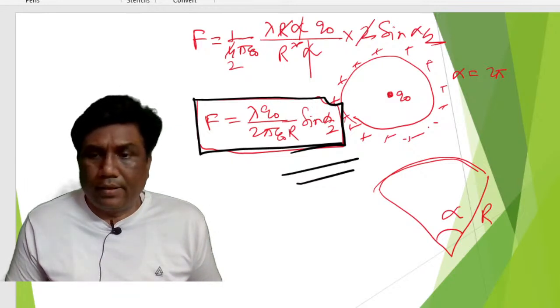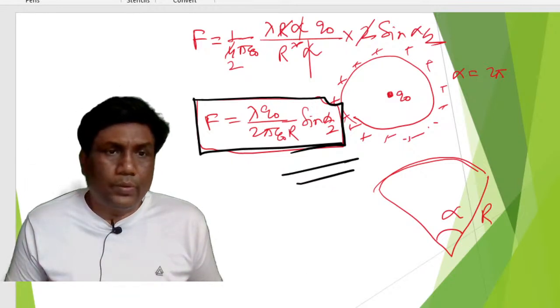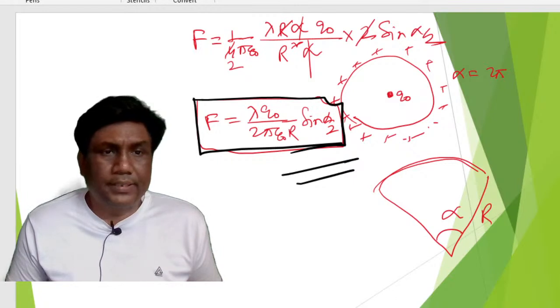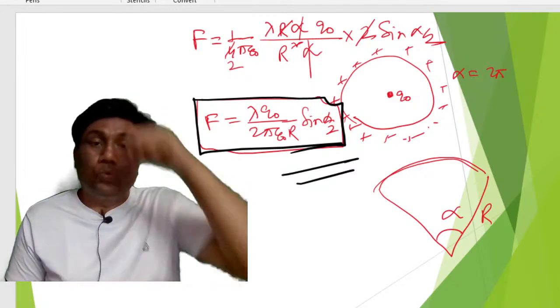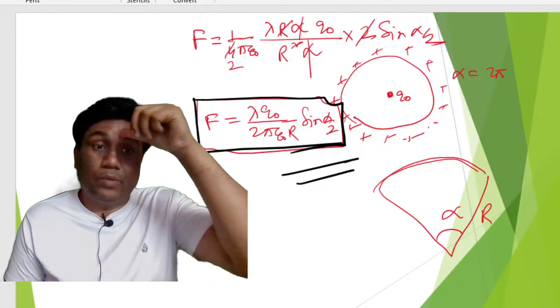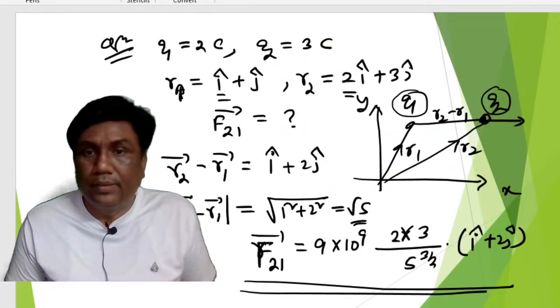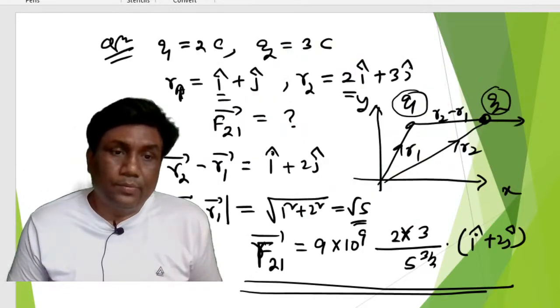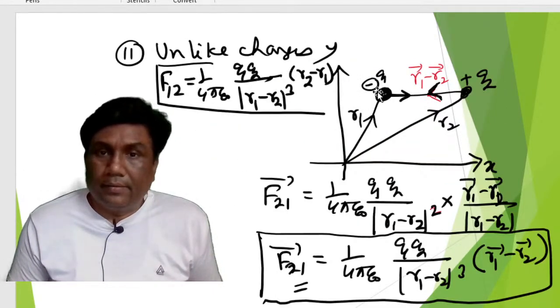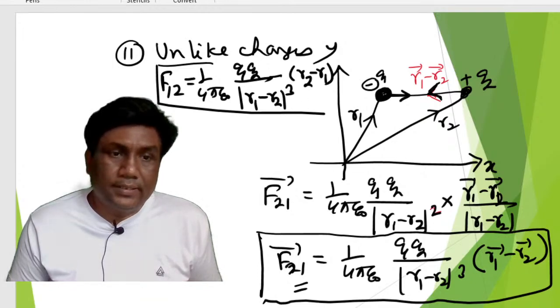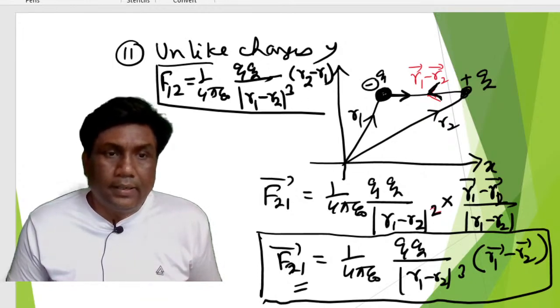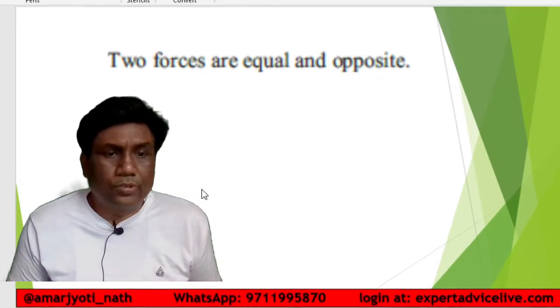At the beginning we discussed the vector form between two like charges. Then we discussed the vector form between two unlike charges. Then we did one numerical also.